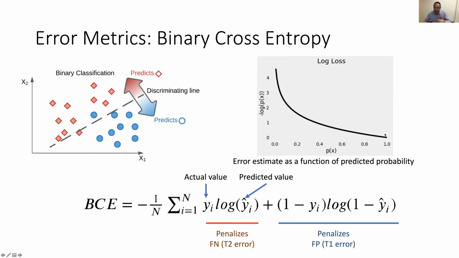You could visualize the dependence of log P on P, because that's what's happening here. When P is 1, meaning it's a case, then log P is 0, and asymptotically this approaches 0.